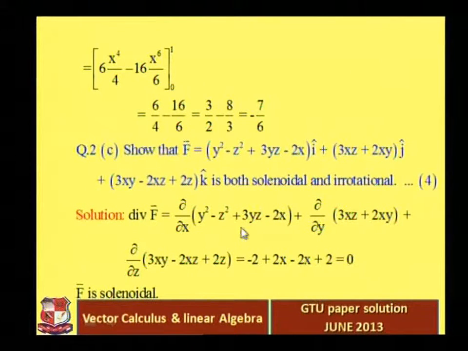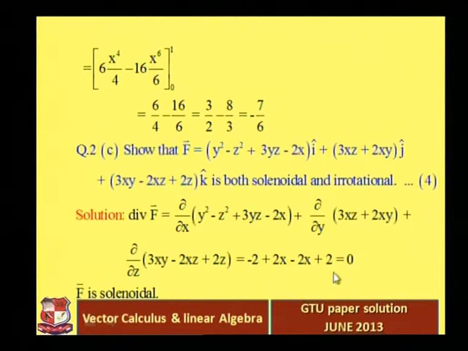Then the derivative of 3xz plus 2xy with respect to y: the derivative of 3xz with respect to y is 0, and the derivative of 2xy with respect to y is 2x. So plus 2x is coming from this term, and then the derivative of the last term is minus 2x plus 2.